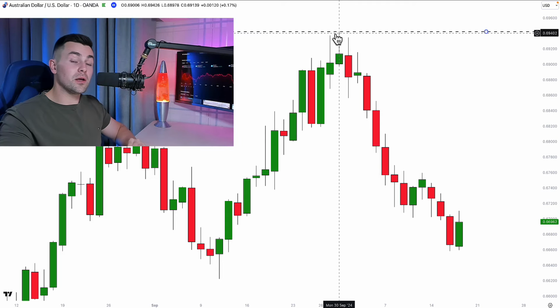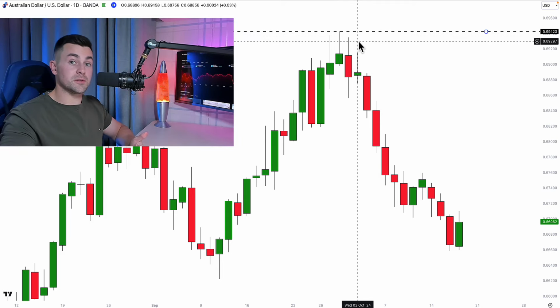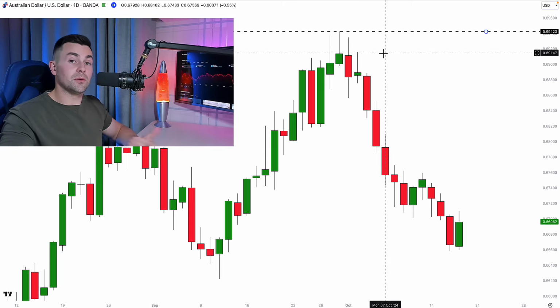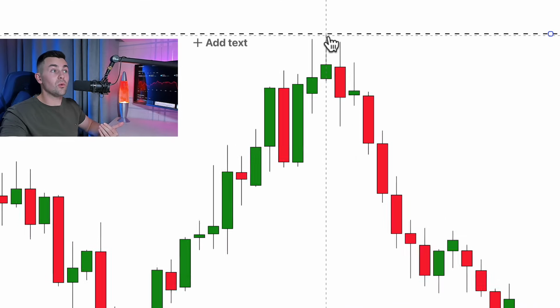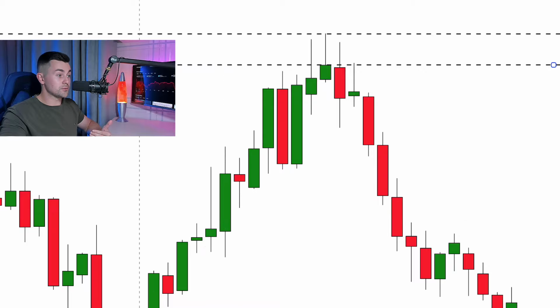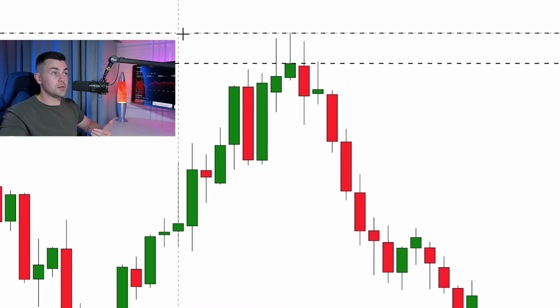And when we are looking for the resistances, the structures that are above current price levels, always remember that it is highly recommendable to perceive the resistances as the zones. So not only do we take into consideration the wicks of the candles, but we will also consider the highest candle close. So our resistance here will be that white area.